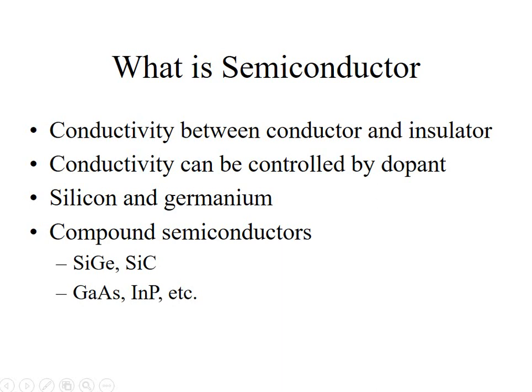A semiconductor is a material whose conductivity is between conductor and insulator. It's not a conductor and it's not an insulator, but somehow you can control the conductivity from insulator to conductor. Basically, it's an insulator.